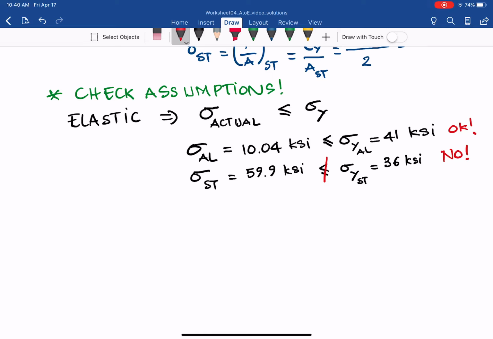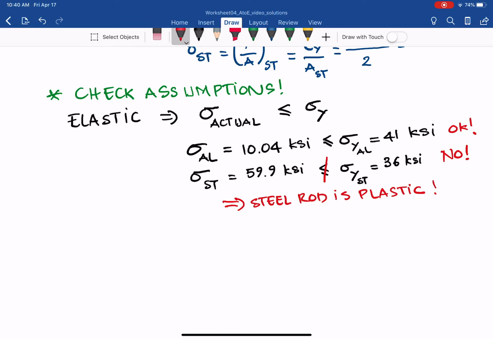So you can see what that means here. If not, then the steel rod is plastic. So when a steel rod is plastic, what can you say?